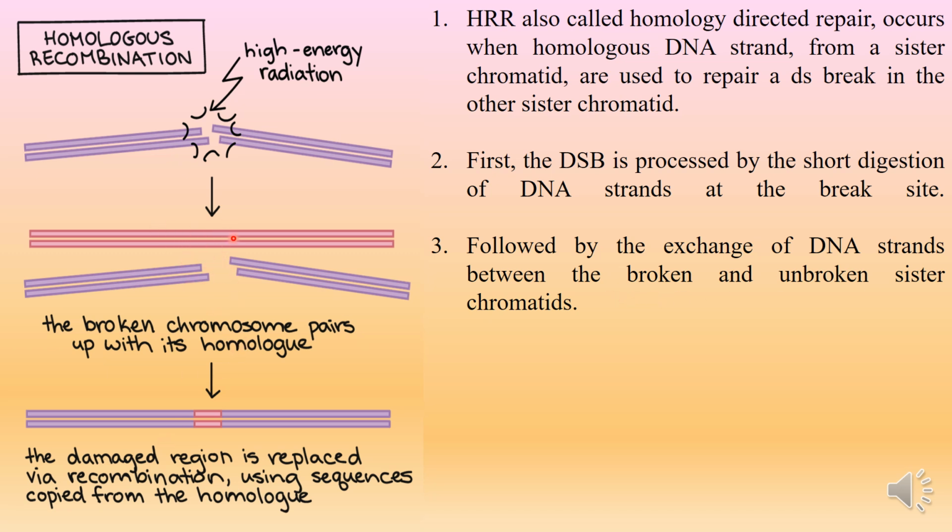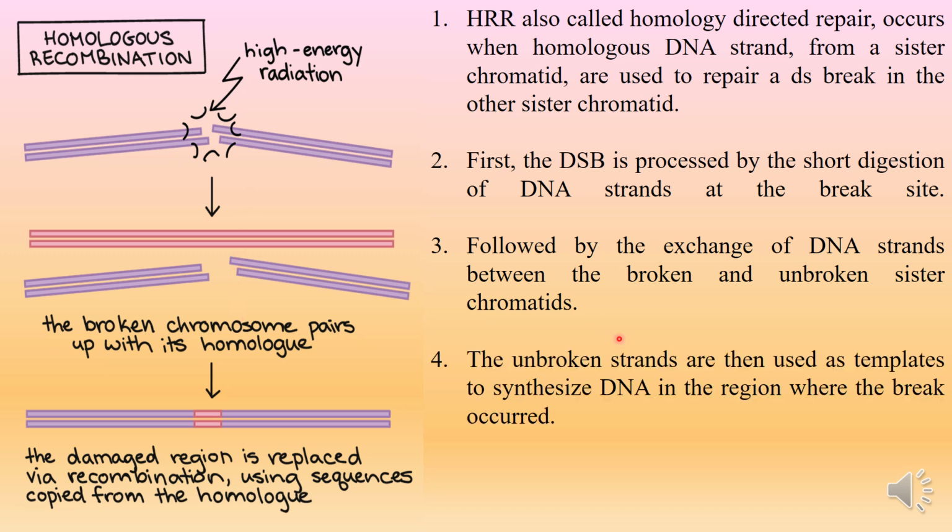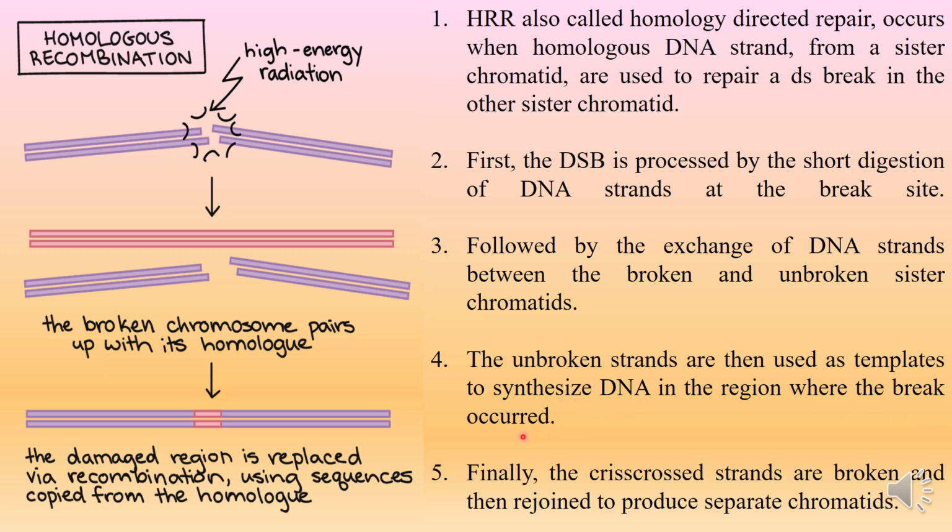There is exchange between them and then the unbroken strands are used as templates to synthesize DNA in the region where the break has occurred. Finally, the crisscross strands are broken and then rejoined to produce a separate chromatid. So here separate chromatids are formed. So this is how the homologous recombination repair occurs.